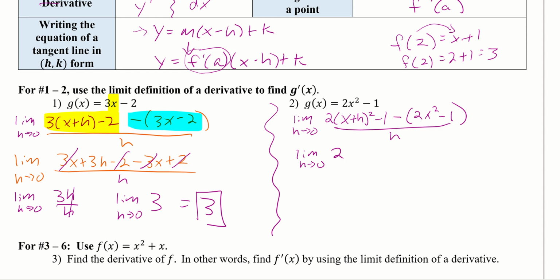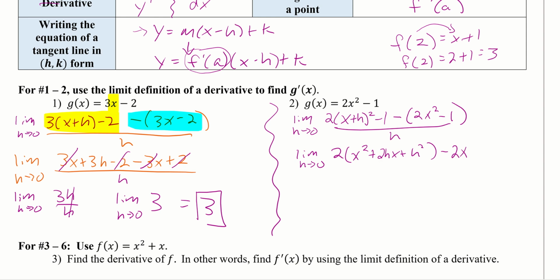So it'll be 2, here it's going to be x squared, and then at the end it's going to be h squared, the first and last. Then the middle is just double those two multiplied together, right? So it's going to be 2hx. You don't have to, but I always recommend putting it in alphabetical order so that it's easier to see, okay?